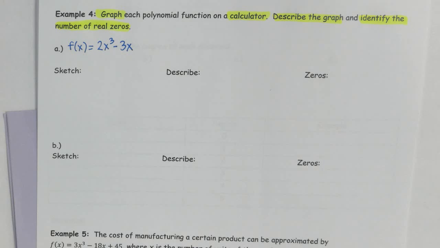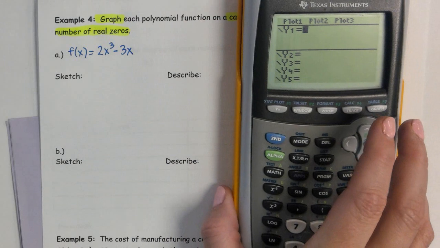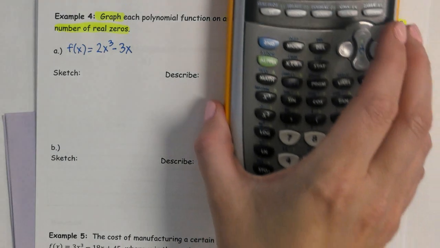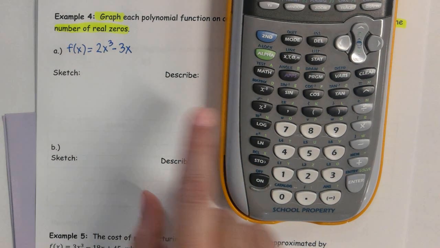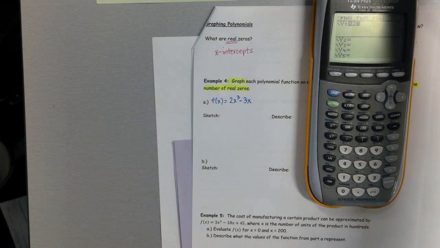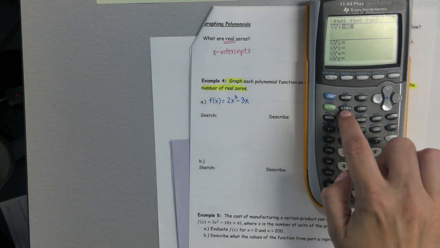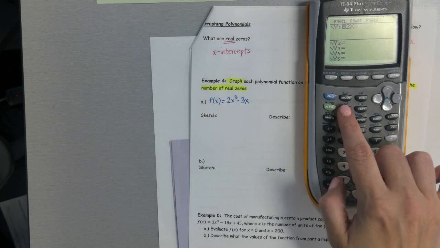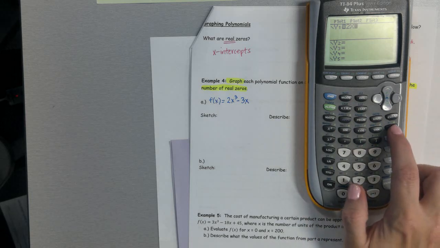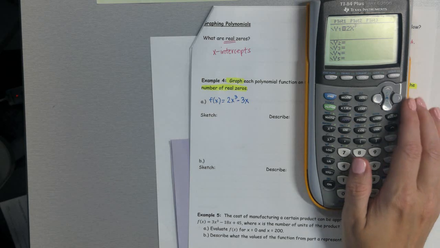Did you have trouble putting it in the y equals? Are we good on that step? We're going to go to y equals. When you're typing this in, the 2 is here, and the x that we're using is right here, this button. So 2x. To get to the third power, you use this button, the exponent key, and then 3.